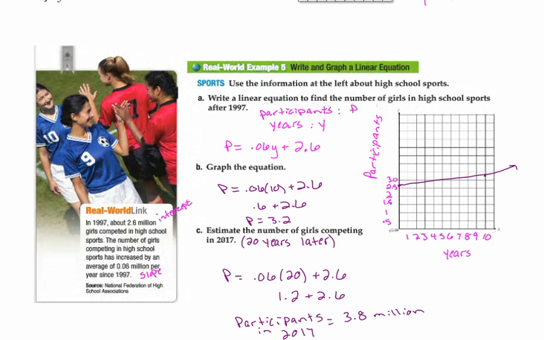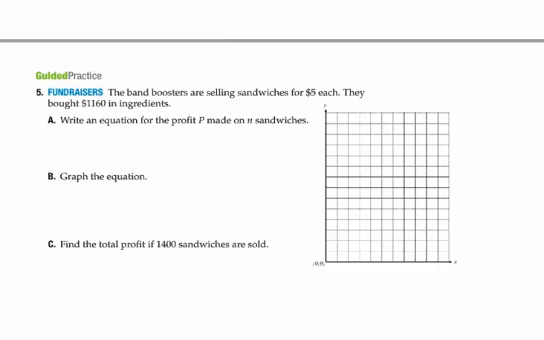Okay, a little bit hard to see on this graph. Remember during our intro, it was really easy just to go over there and plot it. Again, understand what kind of problem it is. If we're dealing with some pretty small numbers or some pretty crazy decimals, plugging in and solving might be the best answer. So 3.8 million girls is what we have.